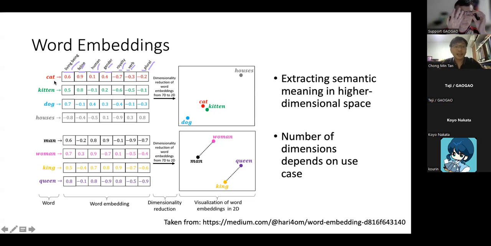So this is an example: cat. You can see that it's more towards the living side. Houses is not living, so it's like minus 0.8. Same thing for man, woman, queen, king, all are living. But for gender, you can see that man is 0.9, king is 0.8, while woman is minus 0.7, queen is minus 0.9.